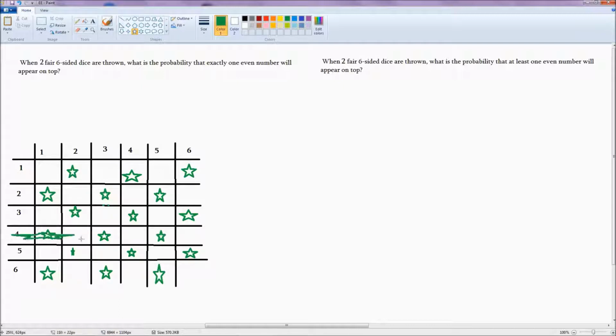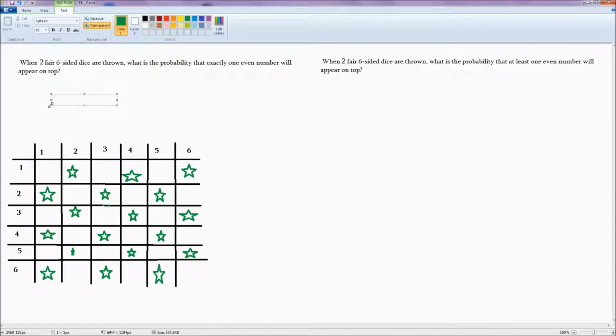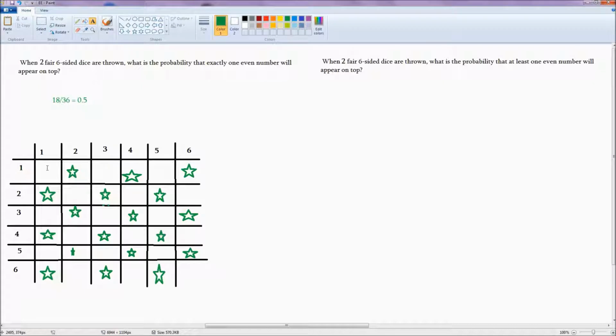For example, a 4 and a 5: only the 4 is even, so we have a star here, and that works for anything here. This means 18 out of 36, or 0.5 probability. If you count the stars here, you will have 18.